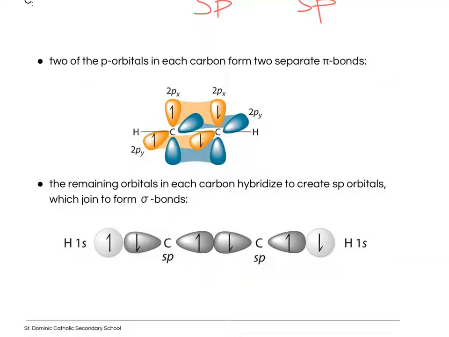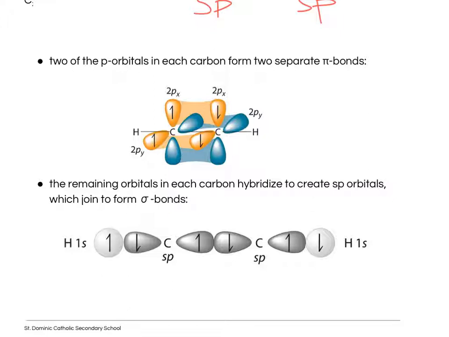So as we did before, I want to visualize this. My drawings can only go so far. So if we look at this, I've got my py and my px orbitals that can't overlap directly. The geometry just doesn't work that way, and so they're forming two pi bonds. There's one pi between our px's and another pi between our py's.